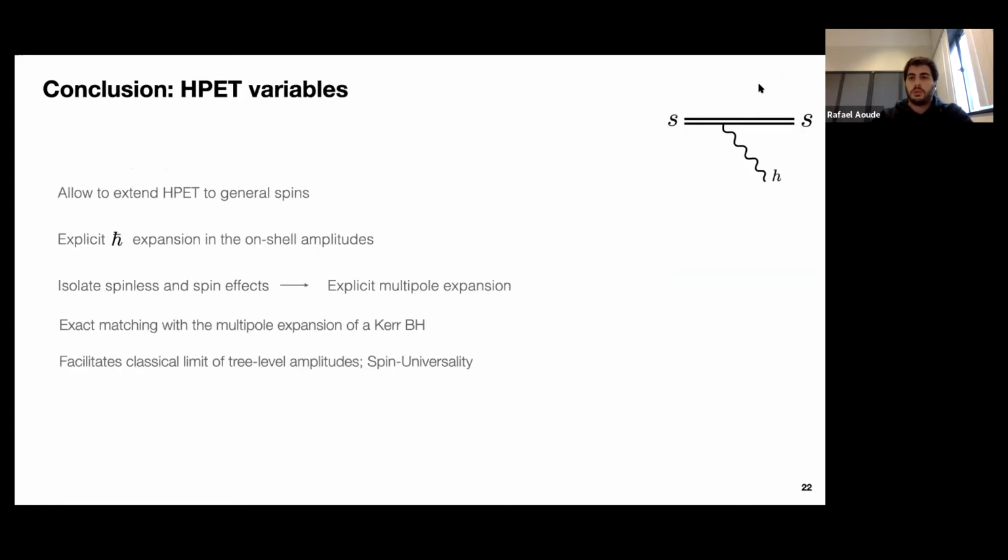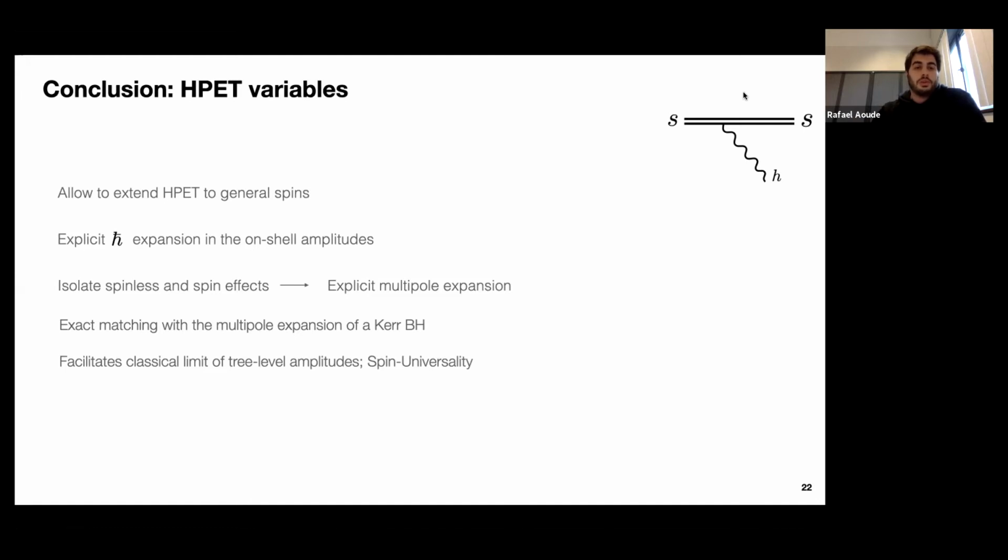So here I come to the conclusions of the first part of the talk. What I want to say is that the HPT variables allow us to extend the heavy quark effective theory and heavy black hole effective theory to general spin in an on-shell sense.